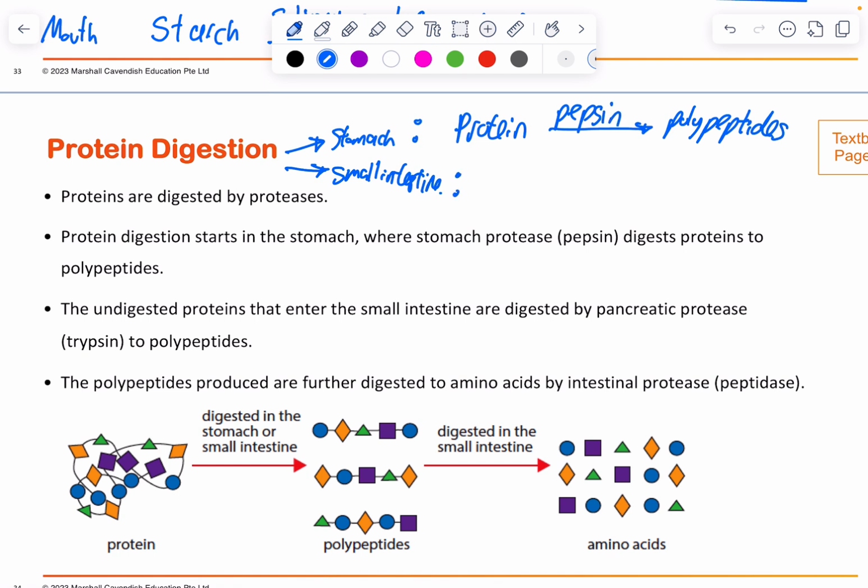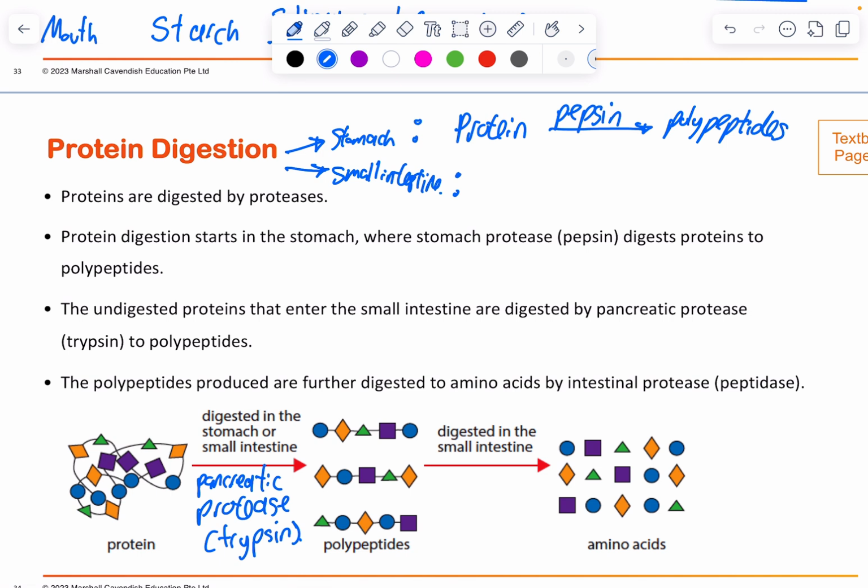Whereas in the small intestine, your protein is digested into polypeptides by the function of pancreatic protease, which is your trypsin.